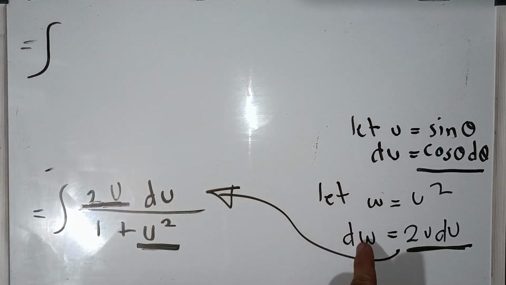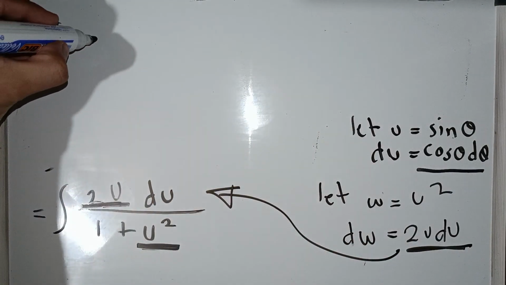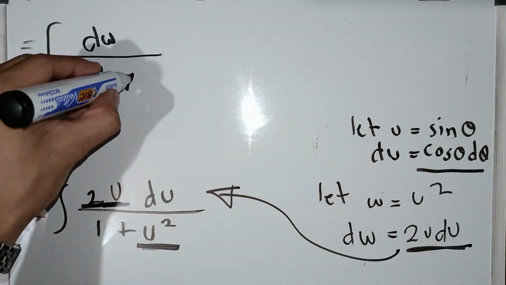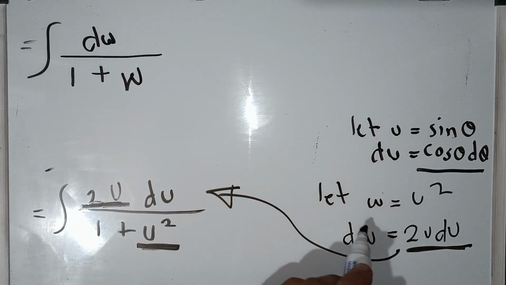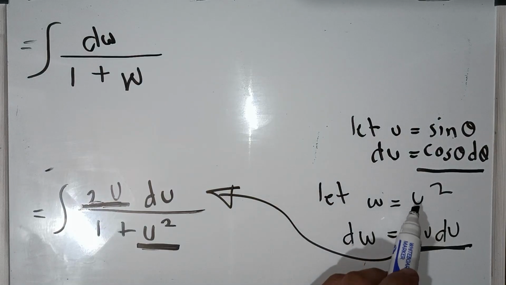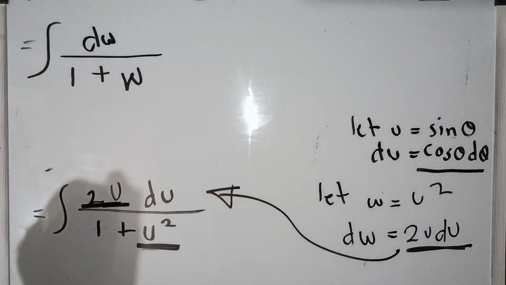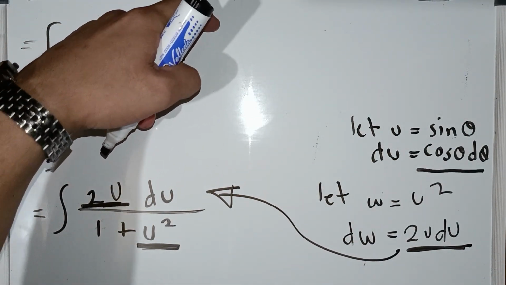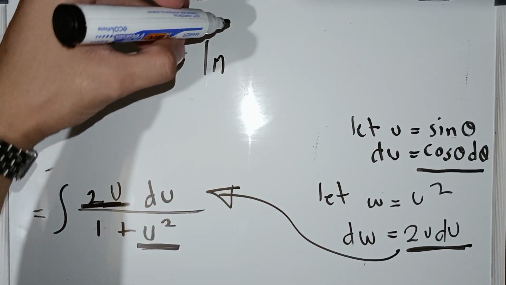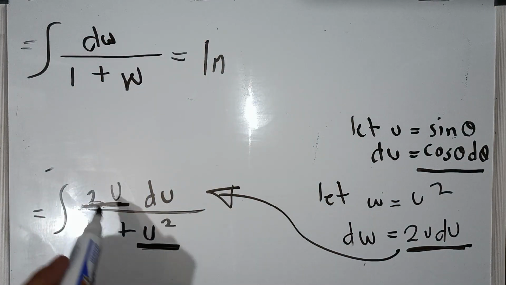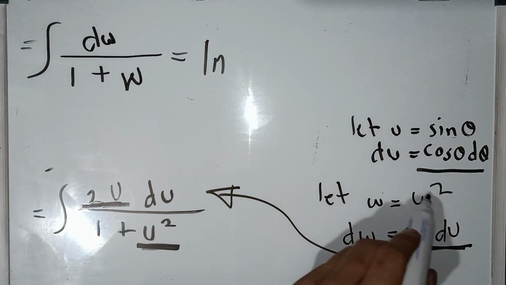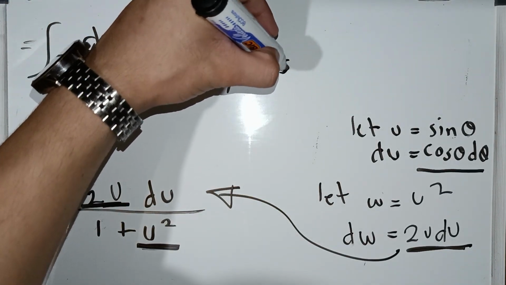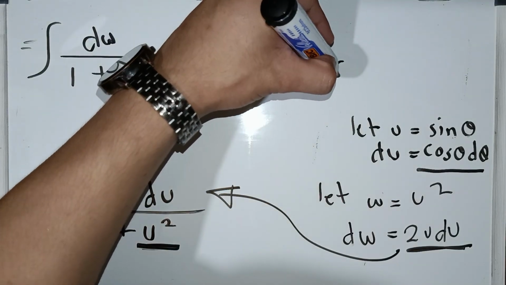Equal to the integral of dw all over 1 plus w. And since our w is equal to u squared and u is equal to sine theta, this is now equal to ln 1 plus sine square theta plus c.